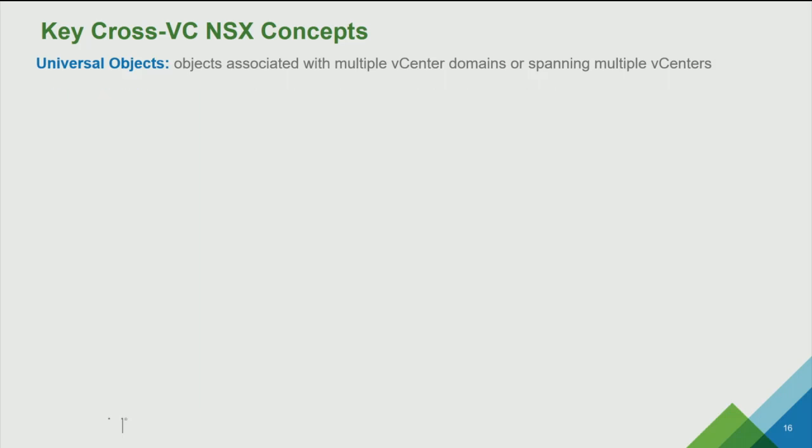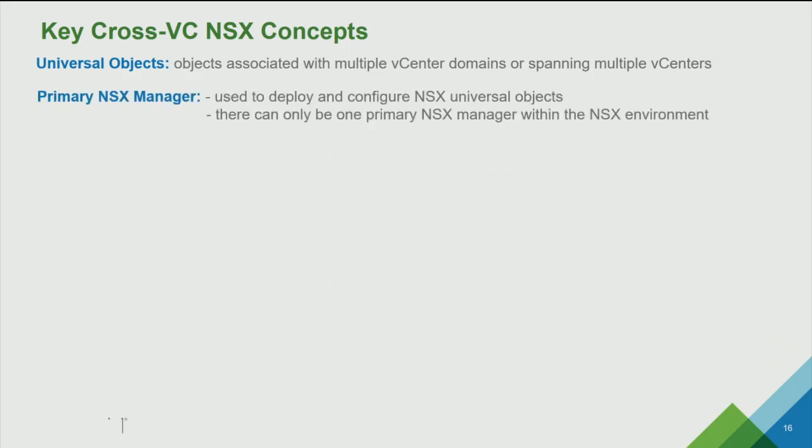So let's start off with some basic concepts. We have these universal objects. These are objects that span multiple vCenter domains, right? Local objects are within one vCenter domain. We have the primary NSX Manager. We have these roles we created for NSX Manager. Before, it was always standalone mode. That was always the default. In 6.2, we introduced this concept of primary and secondary.